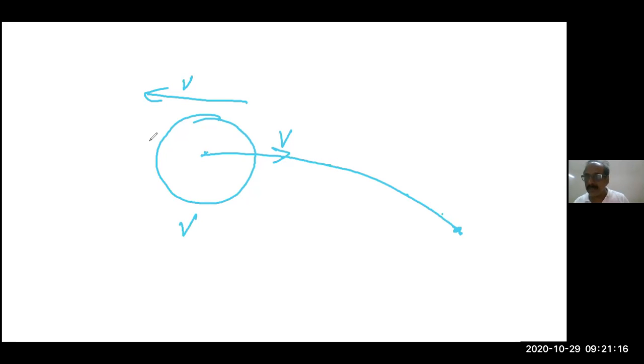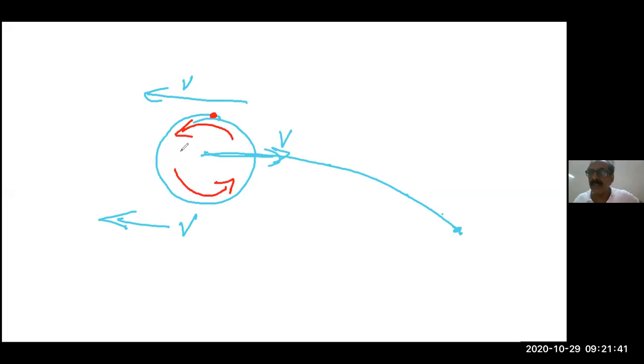So in the normal condition, when the ball moves in a straight line, just an ordinary throw, this is the velocity of the airflow. But if you give a spin, the ball is going to spin anti-clockwise. This time, air in contact with the ball also will rotate with the same speed as the ball, right?